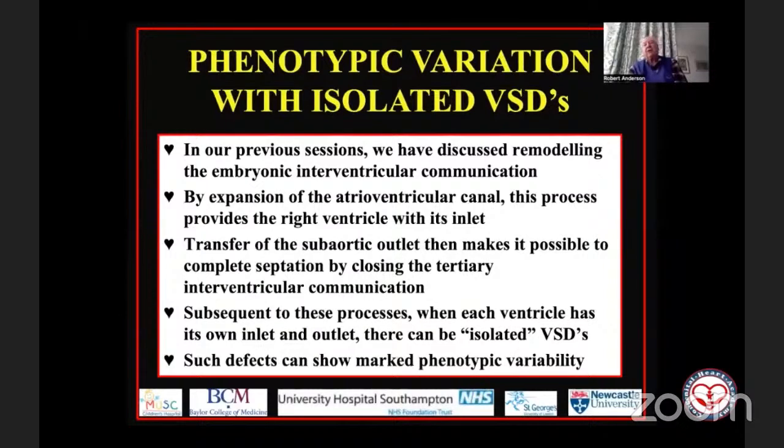And what we're going to try to emphasize to you is the marked phenotypic variability that can be found in this setting. Now, I've introduced you to the notion that the subaortic outlet is being transferred to the left ventricle, but the variation we see can equally well be seen when it is the pulmonary trunk that is being transferred to the left ventricle.